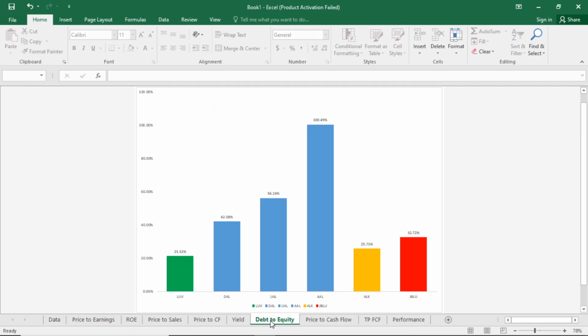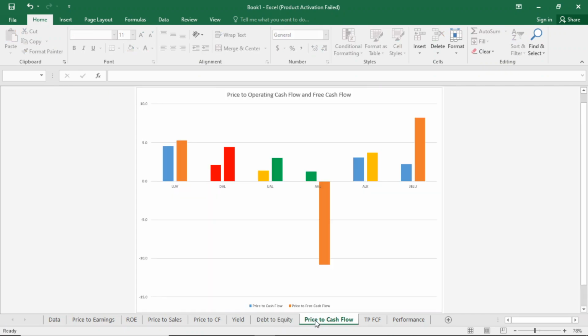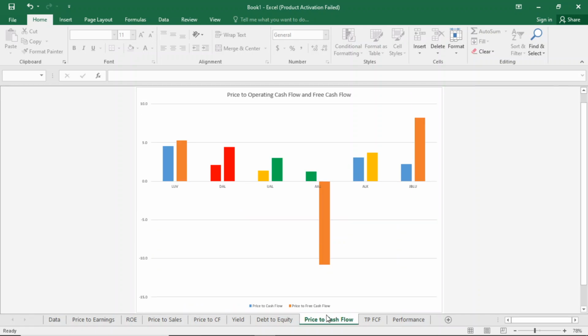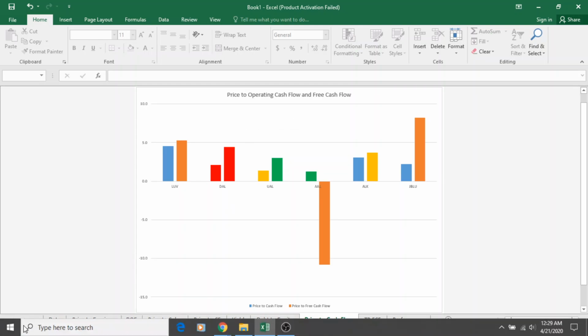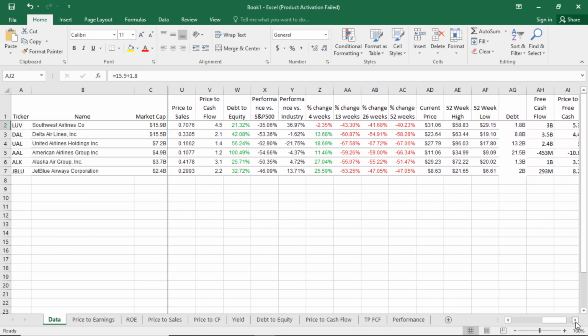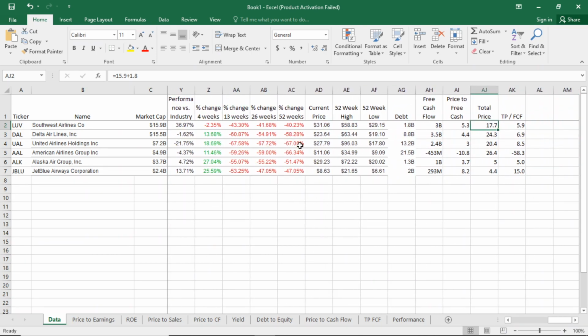So then after looking at debt to equity, we can look at price to cash flow. We looked at price to cash flow over here, and we saw that American, United, and Delta were the top three, with American having the cheapest price that you'd have to pay for the most amount of cash flow. But when we look at the data section, I was able to get the rest of the data through the screener, but I could not get the entire amount of debt.